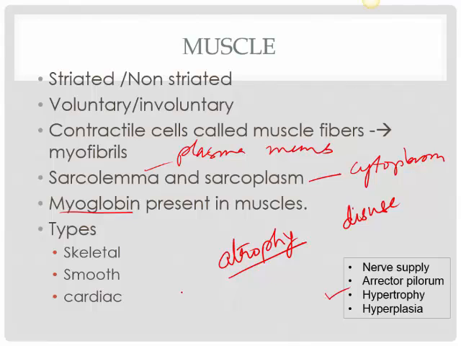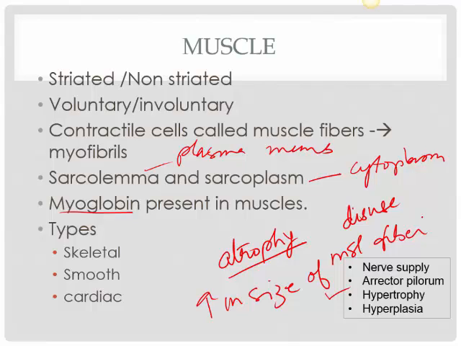Hypertrophy is where there is increase in size of an individual muscle fiber. So it becomes thicker. And that is because of increased sarcoplasm in it, more connective tissue around it, increased blood supply. So all this helps it to increase in size.